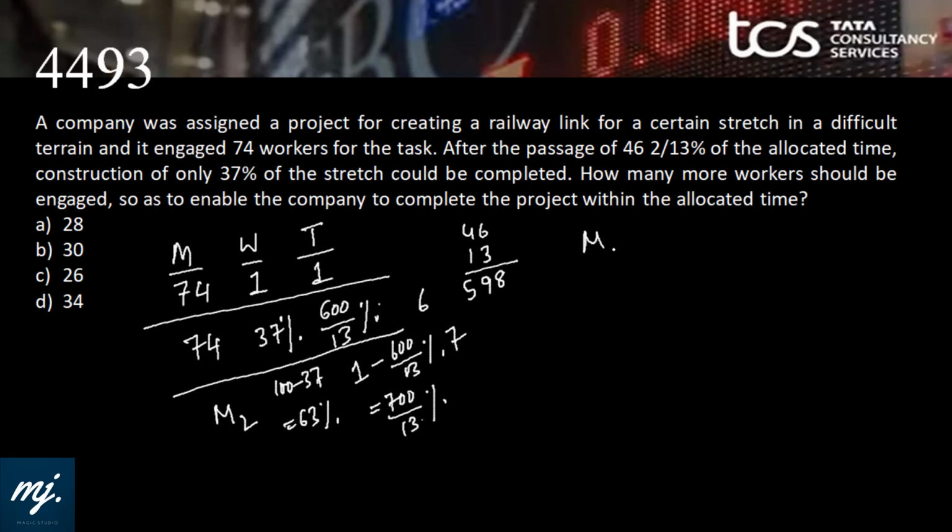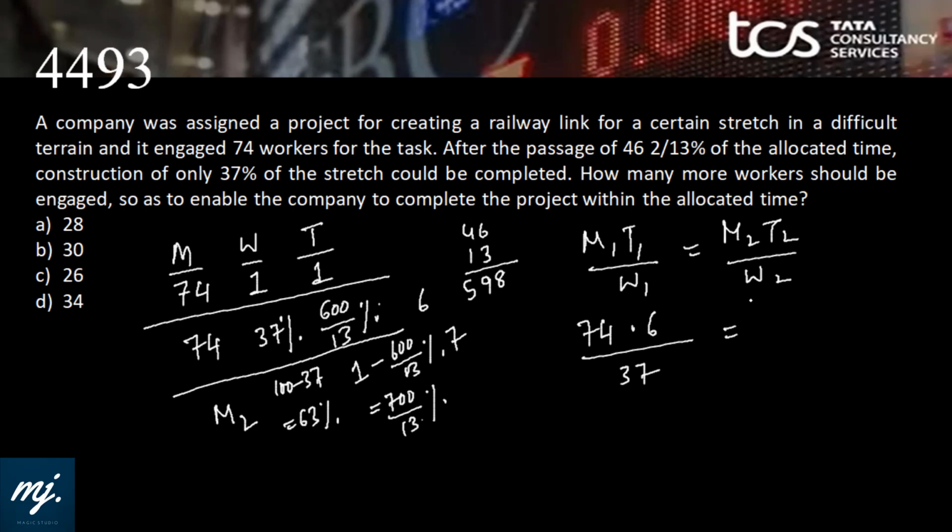So M1 T1 by W1 equals M2 T2 by W2. M1 is 74, T1 is 6, W1 is 37. M2 we are calculating, T2 is 7 and W2 is 63. 7 9 times, 37 gone 2 times.